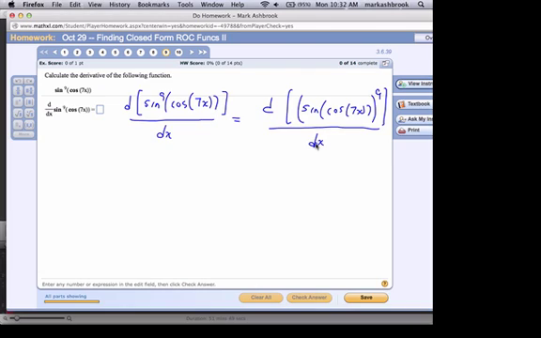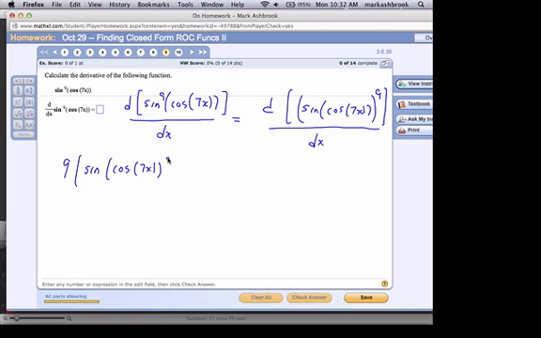Raised to the ninth. Because the exterior function is something to the ninth, that's what we'll apply when we want to find the rate of change function. So what is the rate of change of something to the ninth? 9 times the something. Remember with the chain rule, the interior function stays as it is.